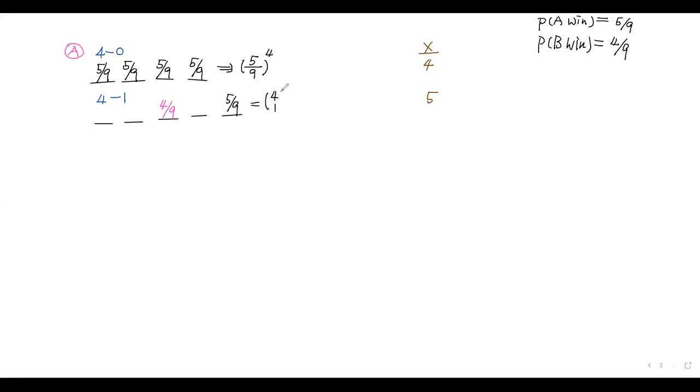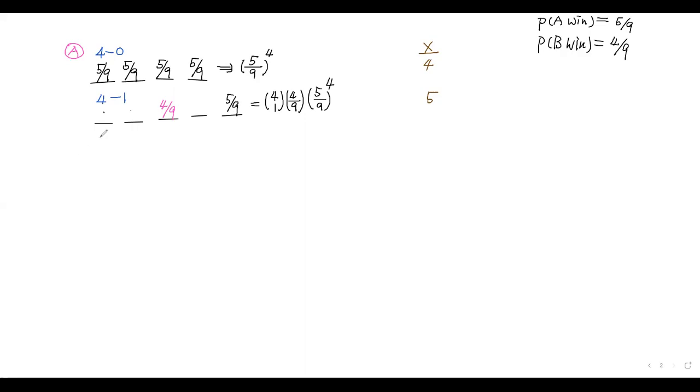So 4 choose 1. And the probability of losing is 4/9, right? So it can be here, here, here, or here. Then the probability of winning is 5/9 to the how many times? 4 times, right? The number of games here is 5 games.